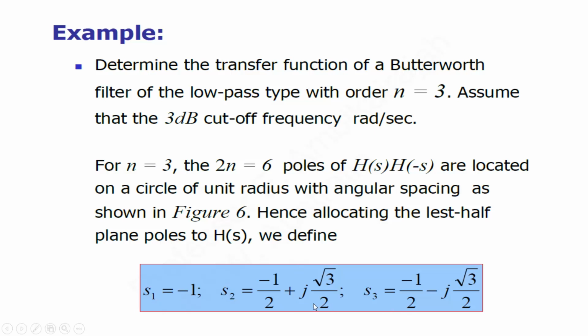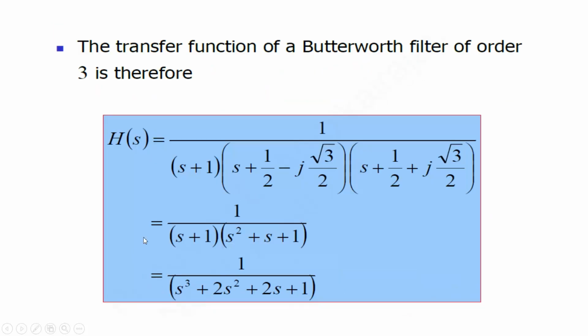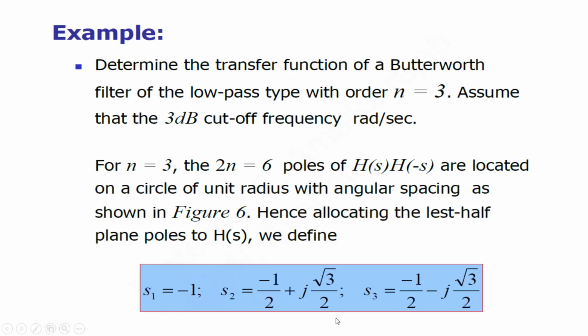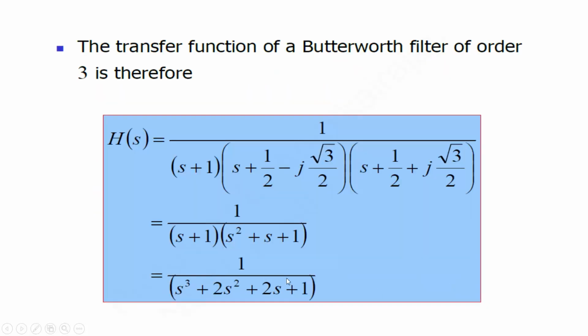So these three poles will be there, and we will use 1 over S minus S1 into S minus S2 into S minus S3, and we will substitute the pole values, multiply inside, and we finally get 1 over s cube plus 2s square plus 2s plus 1.